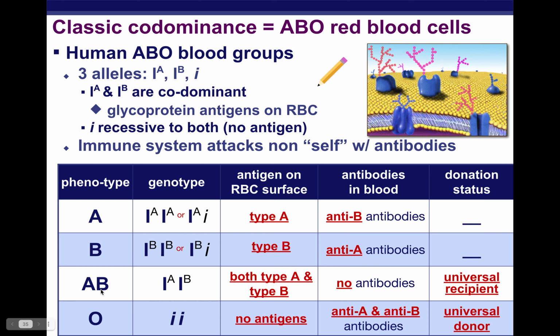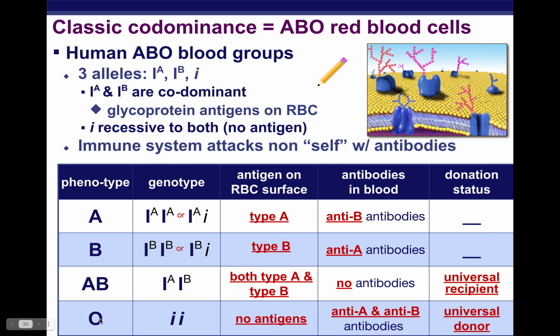If you are AB, that means you express both A and B surface markers, which means no one else can get your blood. Because a type A person would attack the B marker, a type B person would attack the A marker. But what that does mean is if you're type AB, you don't attack any other blood types because you have all the markers. So you can receive blood from anyone else.